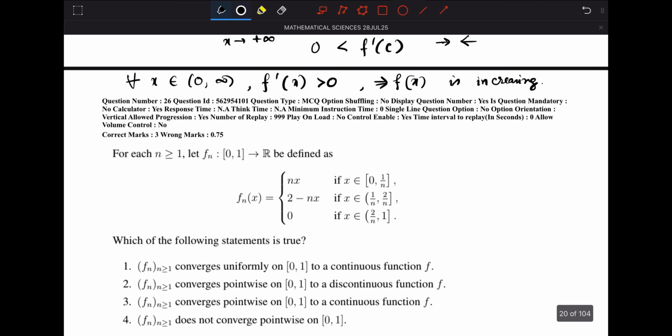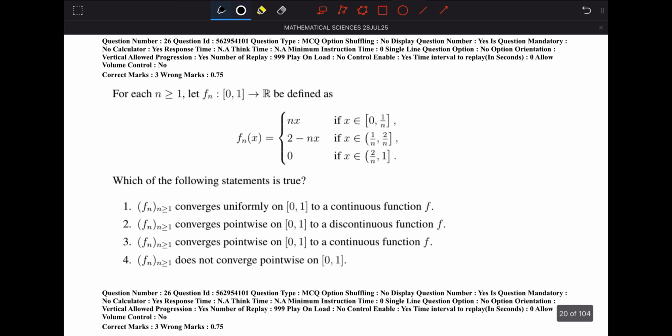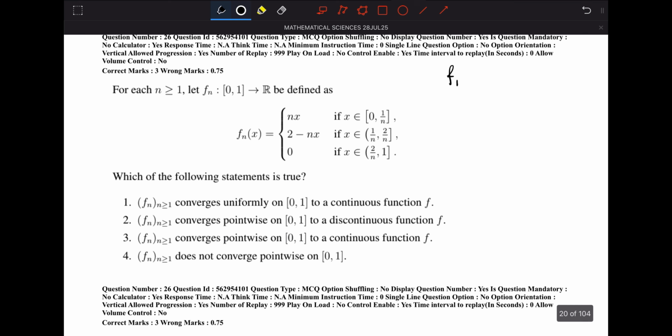Okay, let's move on to the next problem. They are given a sequence of functions, and we have to check the uniform convergence of this sequence. Let us check the first option. Let us assume f_n converges uniformly to f.